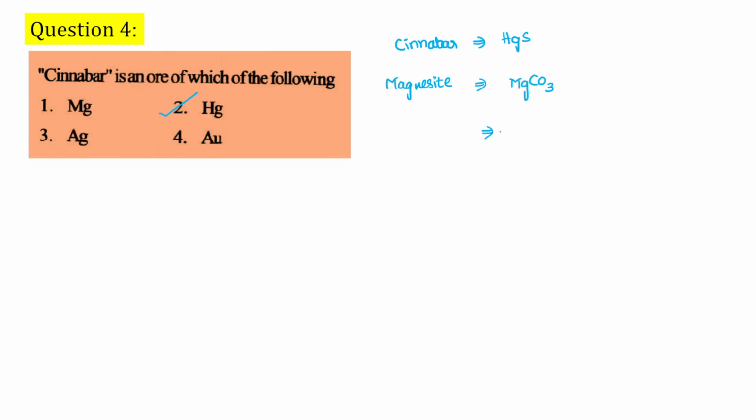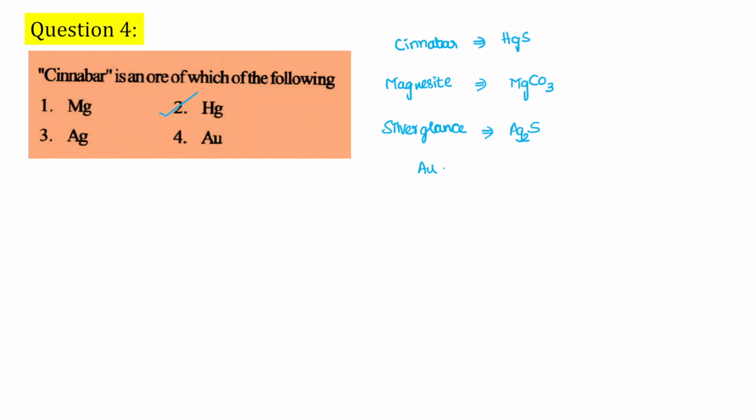Generally they don't exist in combined form, but silver, very rarely, exists as sulfide, Ag2S. We call it silver glance. So I want you to remember all these three: silver glance, magnesite, cinnabar.